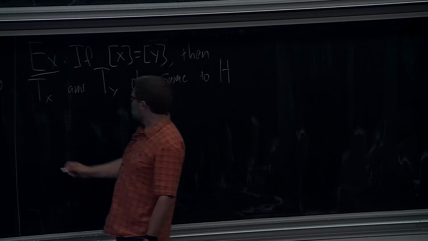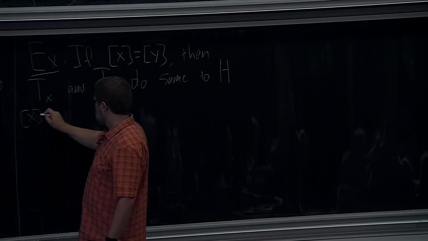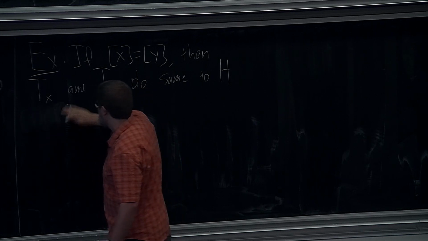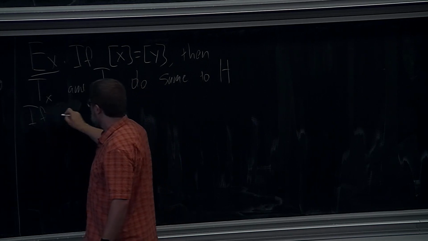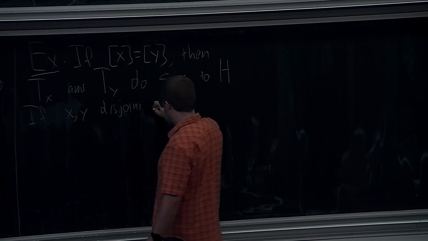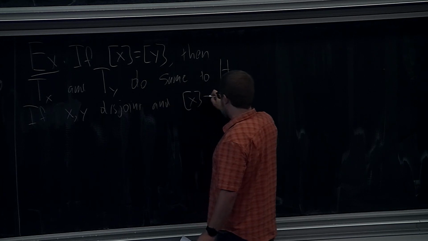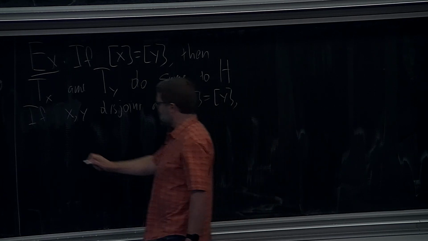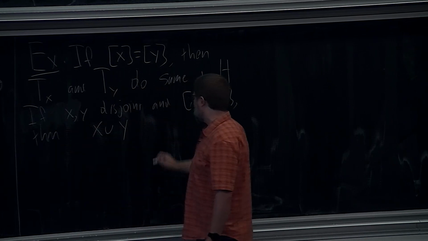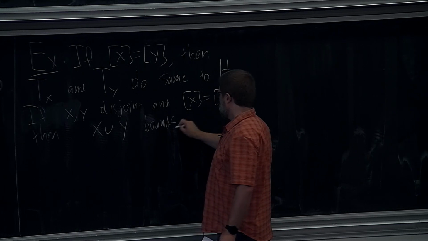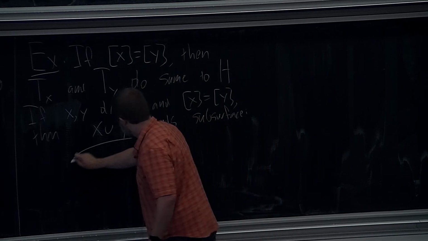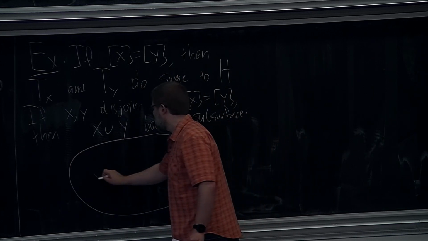So if x and y are disjoint and they're homologous, then their union bounds a subsurface. The picture looks like this. We need at least genus 3 to draw a picture like this.